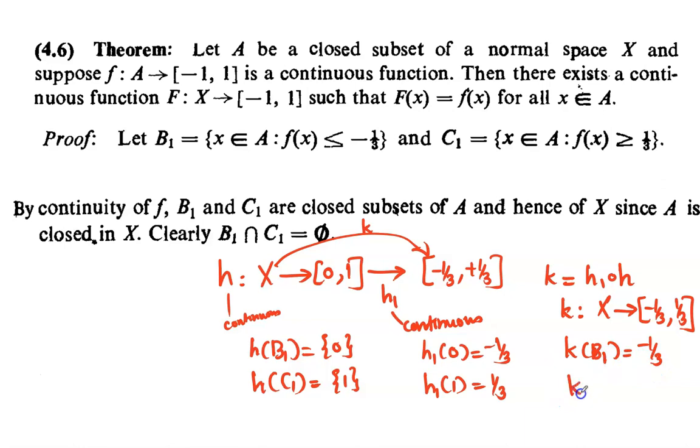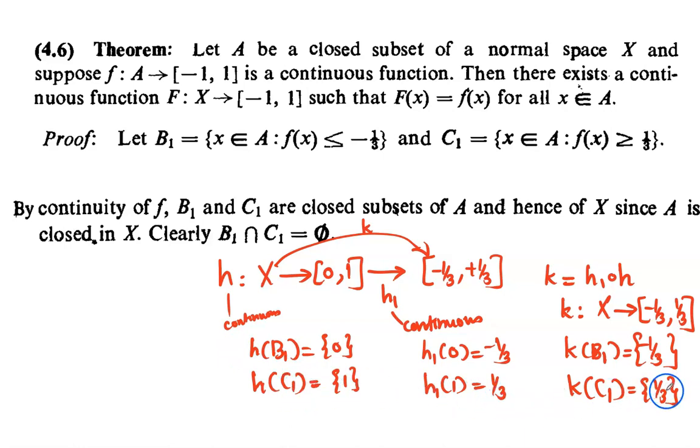Similarly, we can see that k of C1 is also equal to 1/3, since every point of C1 is mapped to 1 by h and 1 is mapped to 1/3 under h1. So their composition will map every point of C1 to +1/3.